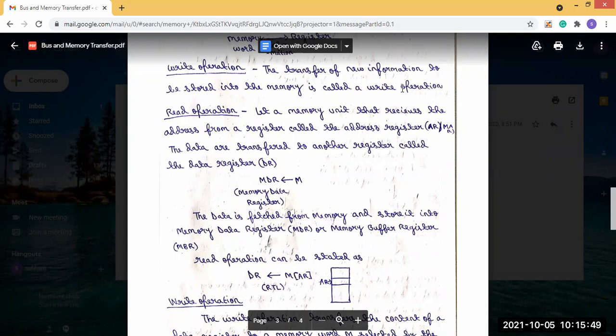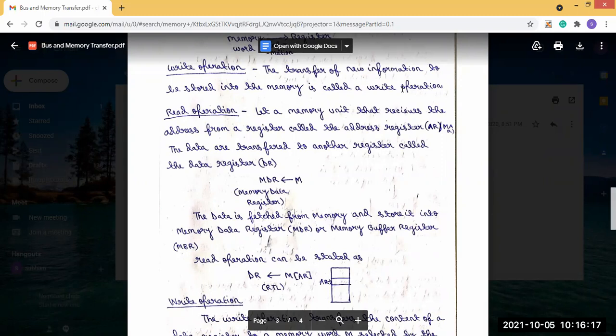But in the case of special purpose registers, some registers store data and some registers store address. Both cannot be stored simultaneously by the special purpose registers. But the general purpose registers can store the data and the address simultaneously. Two types.